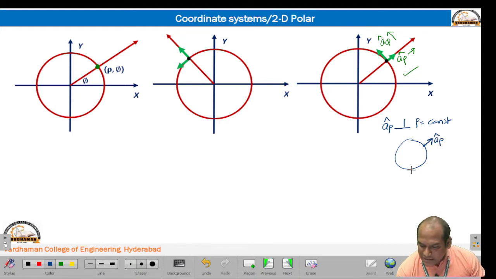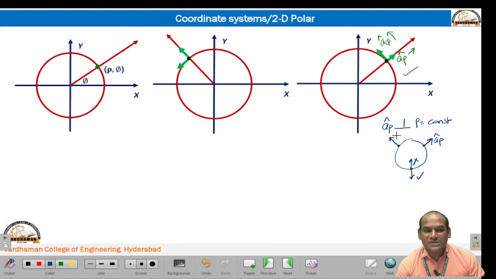If the point is here, it should come radially outside. Perpendicular means like this also you can draw, but it is wrong. It should come radially outside. If the point is here, perpendicular means this side.